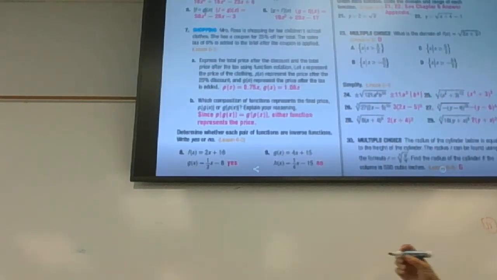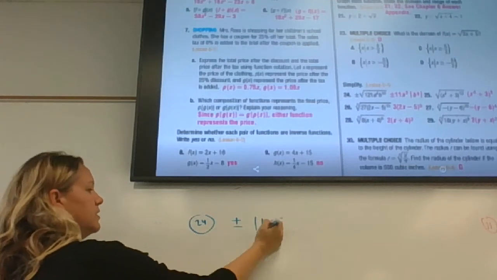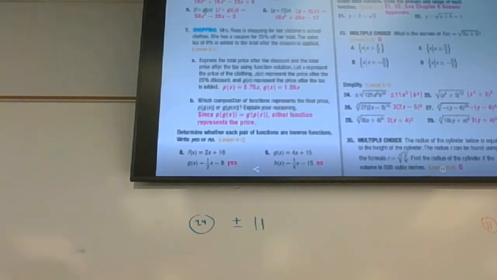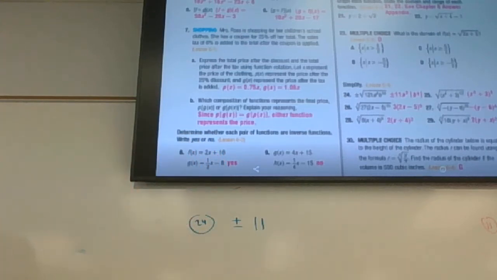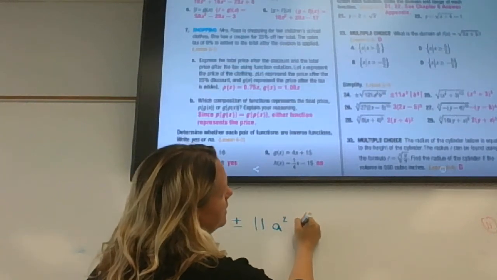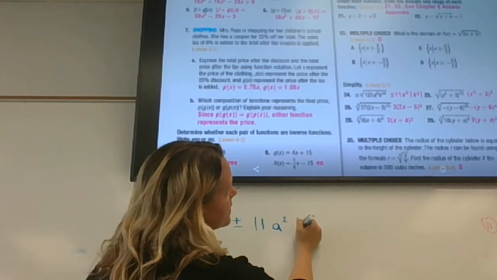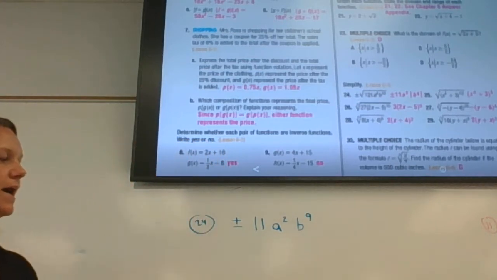So look at 24. The plus or minus will stay out front, and the square root of 121 is 11. And so the square root of 4 is 8 squared. You could write B9.